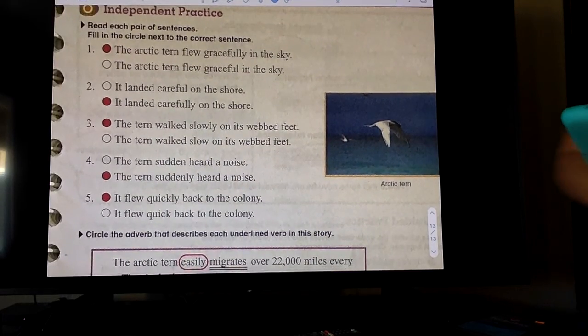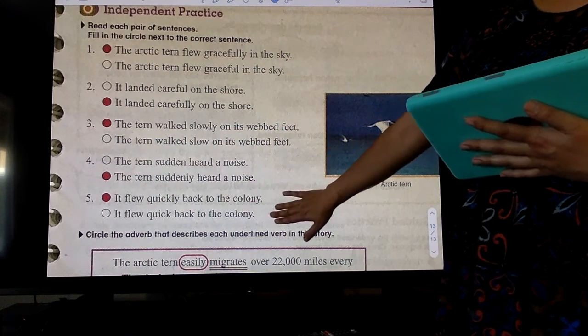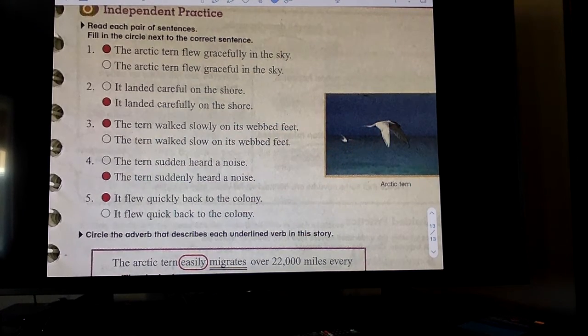So here's section 1. I want you to check which one you filled in. And if you missed any of these, I want you to circle it because when I call you later on today or tomorrow, we're going to go over these together, okay? So check 1 through 5.